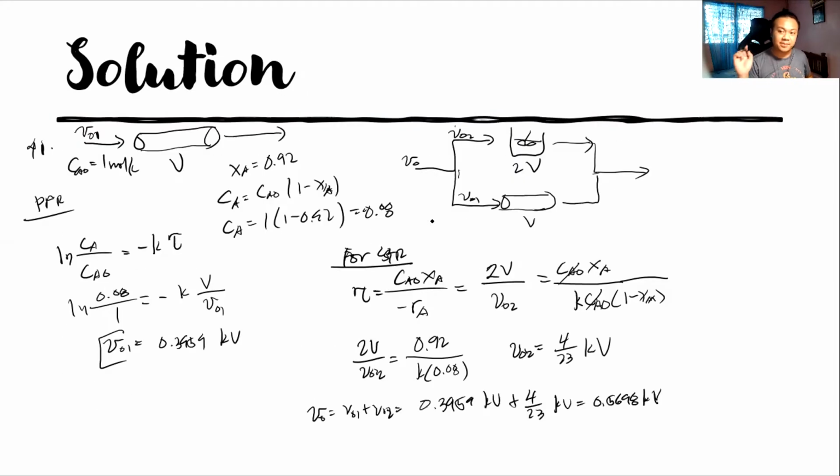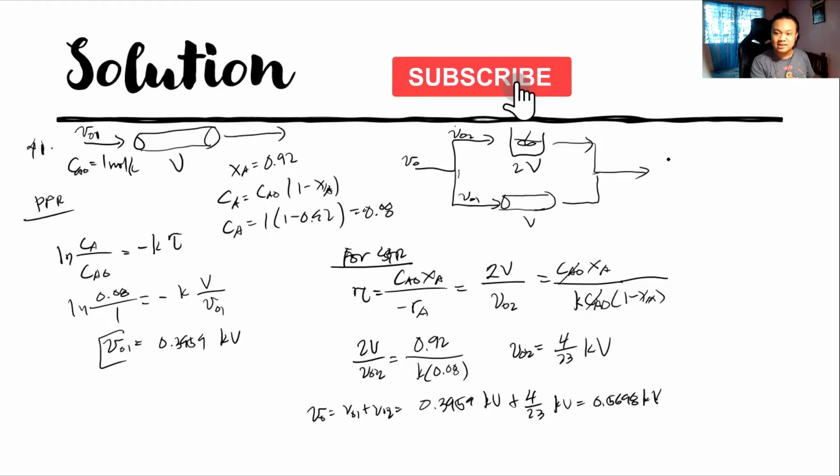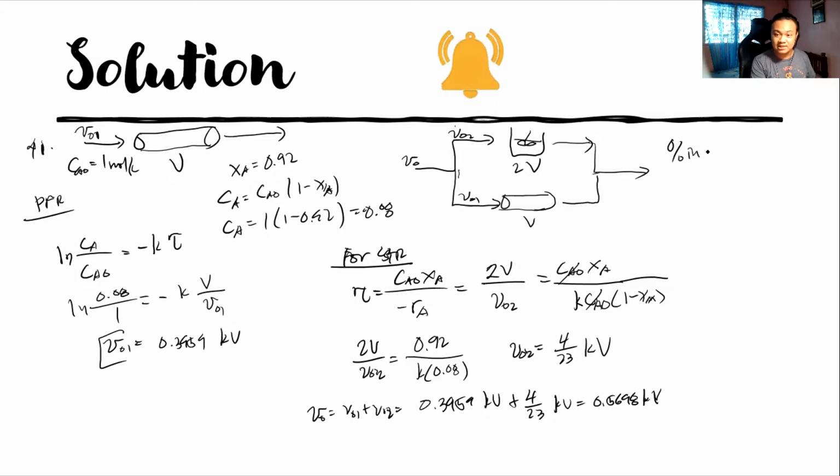Right? Increase in the capacity, because we know that the volumetric flow rate now is much bigger now that we hooked it up with a CSTR twice the volume of our PFR. So we have to find the percent increase in the capacity.